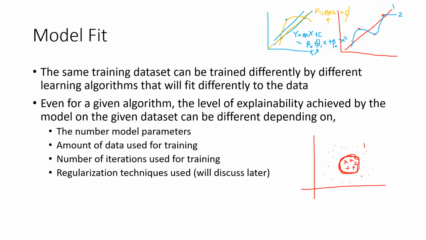And when you have a lot of training data, your model's fit may also change. Say you only have 3 data points, you can use a model like this, right? Y equals beta 0 plus beta 1 x plus beta 2 x square. This line.